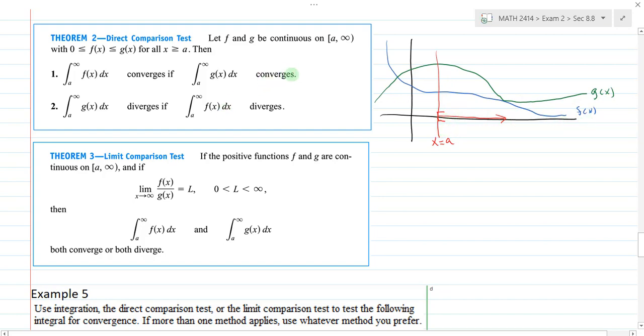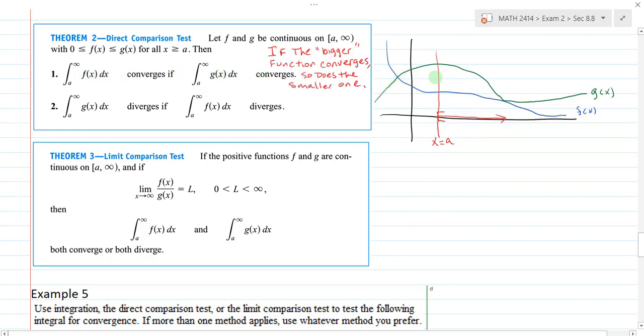Now, what causes an integral to converge or diverge? It converges if that integral is equal to a number, and it diverges if it's equal to infinity. If you think of convergence as the integral being equal to some number, meaning it doesn't go off to infinity, the way that you can think of this is the smaller function is going to converge if the bigger function converges.